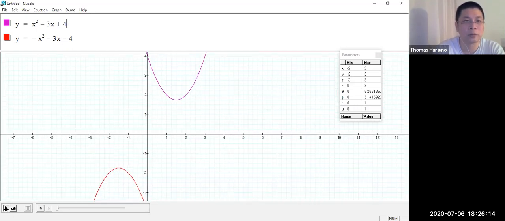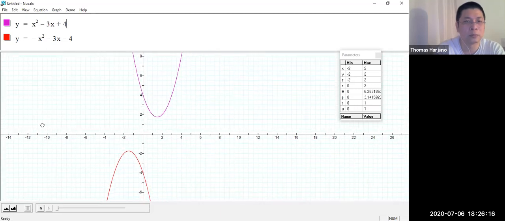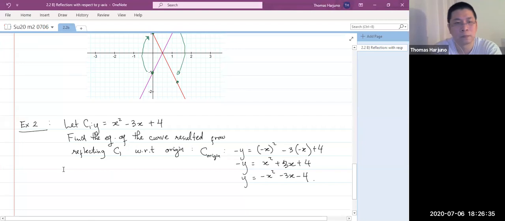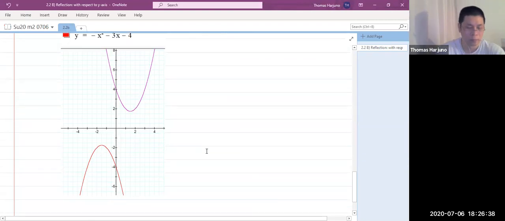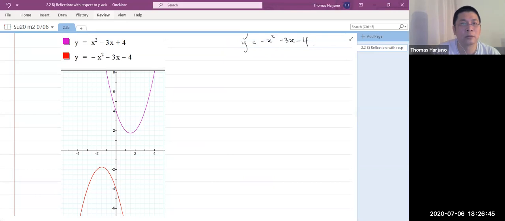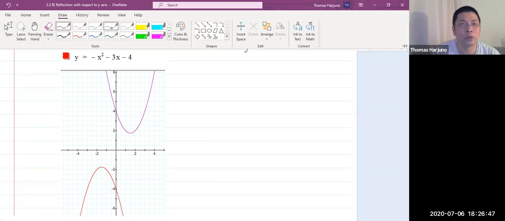Let's zoom it out. Do you see that? You see the purple color, let me use green color.